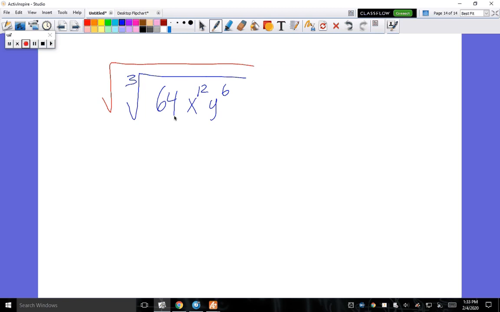Wait, so what did you call it? It's the, what to the cube? So it's the square root of the cube root of 64x to the 12th, y to the 6th. Okay, ready? Let's concentrate just on the blue stuff.